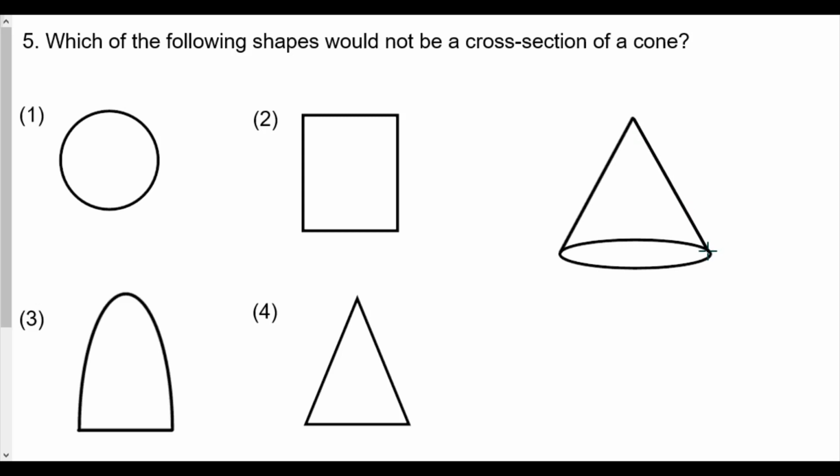Now a cross section, imagine this is a cone-shaped cake, and if we were to take a knife and cut the cake in a particular way, cutting down, depending how we cut it, if we were to separate the piece, what would we have?